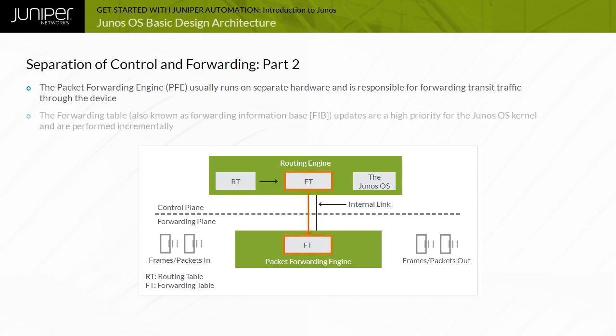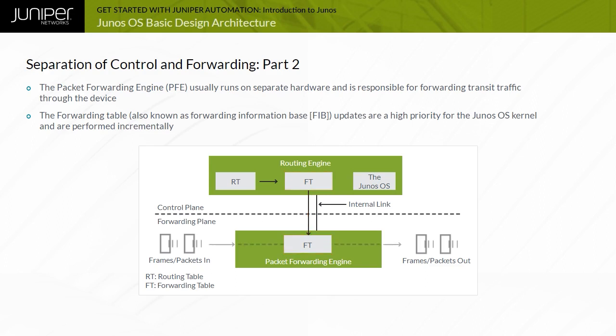The PFE receives the forwarding table from the routing engine by means of an internal link. Forwarding table updates are a high priority for the Junos OS kernel and are performed incrementally. Because the routing engine provides the intelligence side of the equation, the PFE can simply perform as it is instructed.